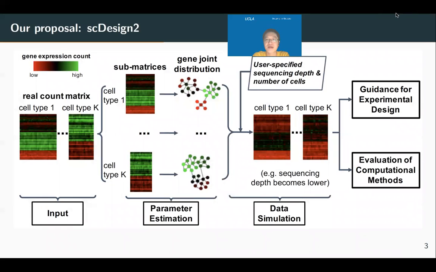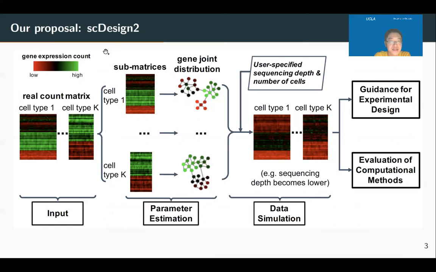Here is a diagram of our proposed scDesign2 method. Our input is just a real data matrix, a real count matrix with non-negative integer values. For example, here is a gene by cell matrix, and we assume that the cells have been partitioned into cell types. Then for the model fitting part, we use the submatrix of each cell type to fit a joint distribution of gene expression for each cell type.